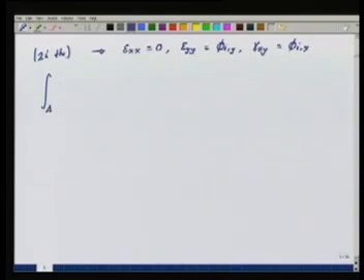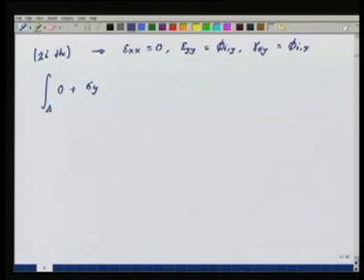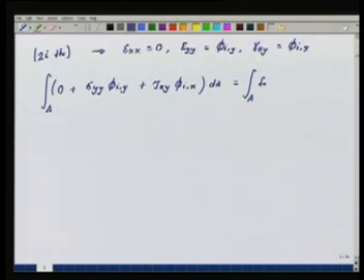So when I put this in the weak form, I will get sigma xx into exx, which is 0, plus sigma yy into eyy due to w, which is phi I comma y, plus tau xy into the gamma xy due to this choice of w, which is phi I comma x, dA is equal to integral over the area of f2 phi I dA plus integral over gamma n t2 phi I ds.